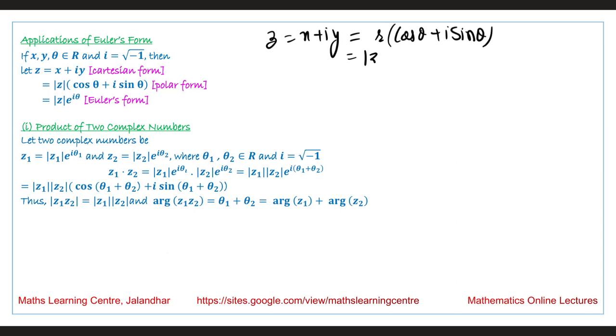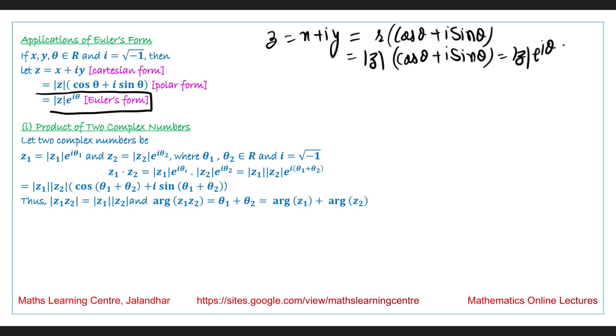It means it is mod of z into cos theta plus iota sin theta, and we write this as mod of z e raised to the power iota theta. So this is basically the Euler's form we are talking about, and this is the polar form, and this is the Cartesian form. Now based upon these results, we are going to prove some results.